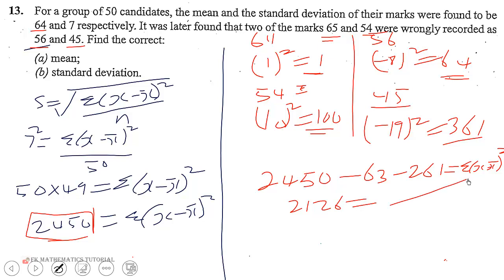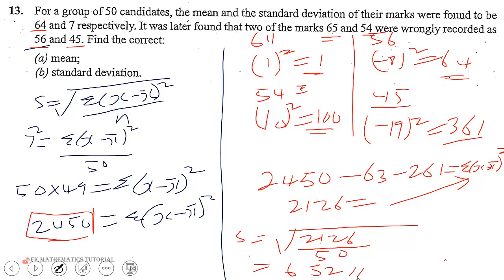So that is the correct value. So the standard deviation is supposed to be equal to the square root of 2126 over 50. 2126 divided by 50, that will give us 6.52 to 2 decimal places.